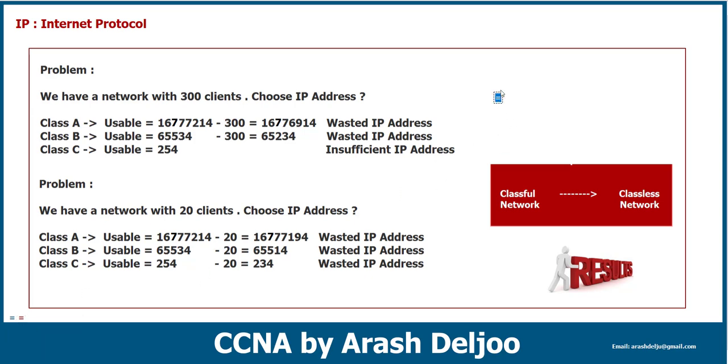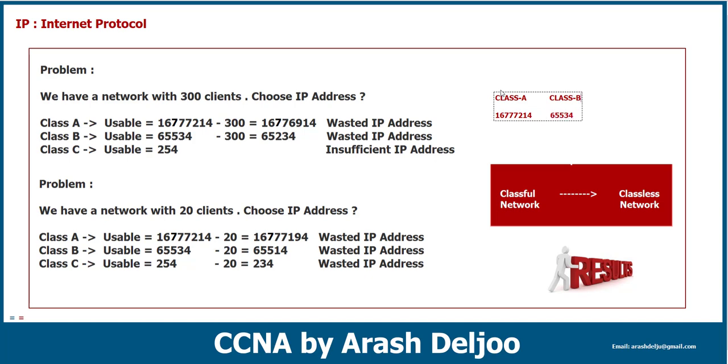If you are using a class A network, you will have this amount of IP addresses in every network, and this is a huge number, more than the IP addresses we need. If you are using class B, you will have this amount, 65,000 IP addresses.